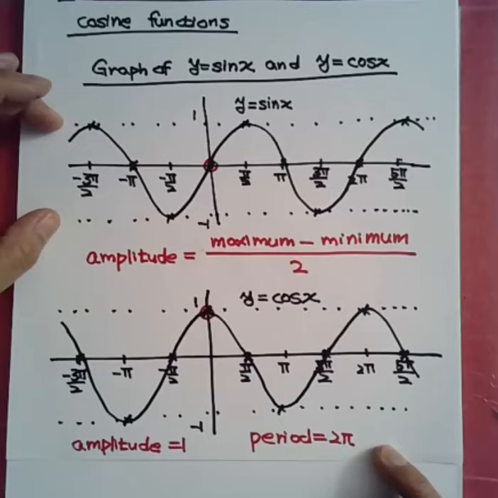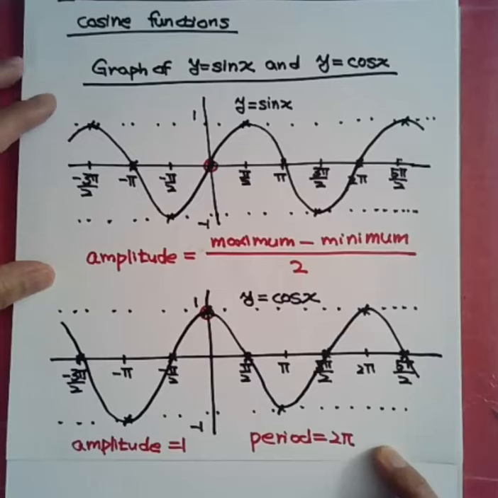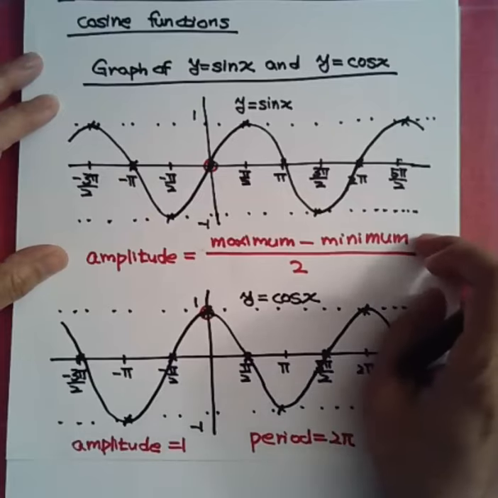There is another important notion which you have to know when you graph a more general version of the sine and cosine function. That is amplitude. Amplitude is defined as the difference between maximum and minimum divided by 2.